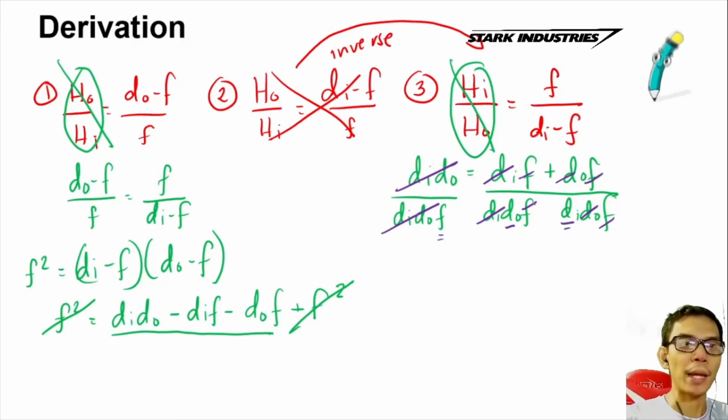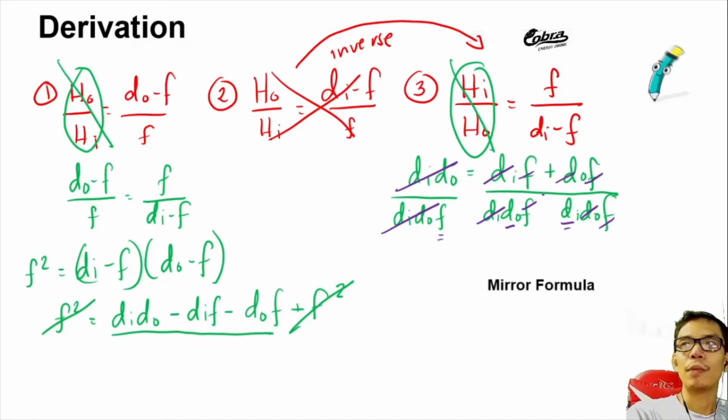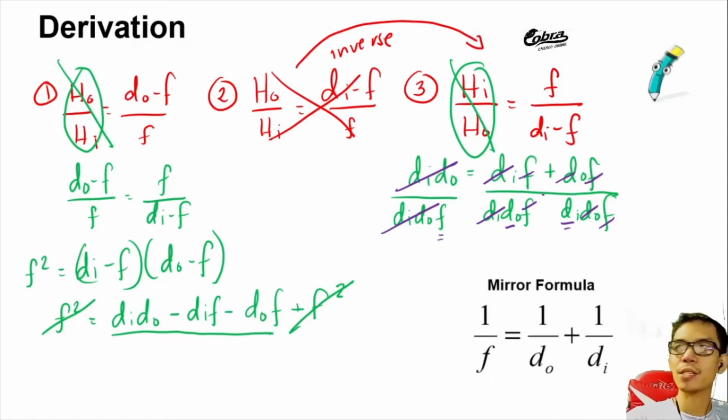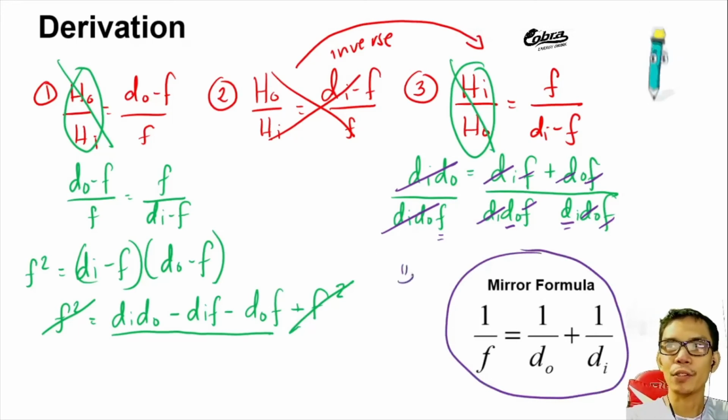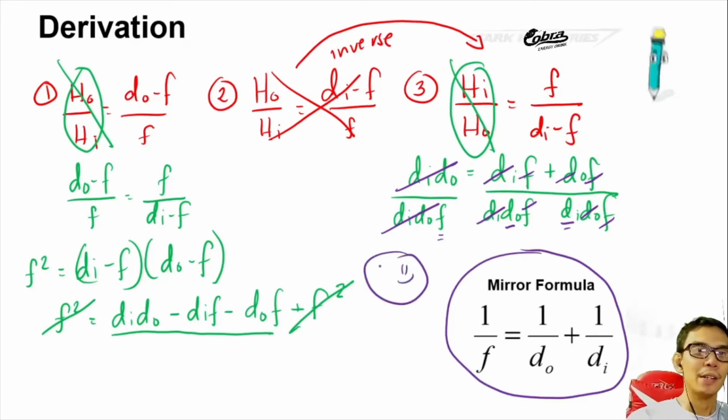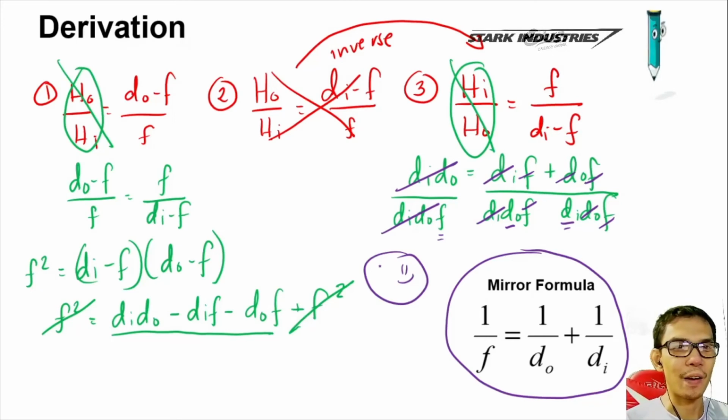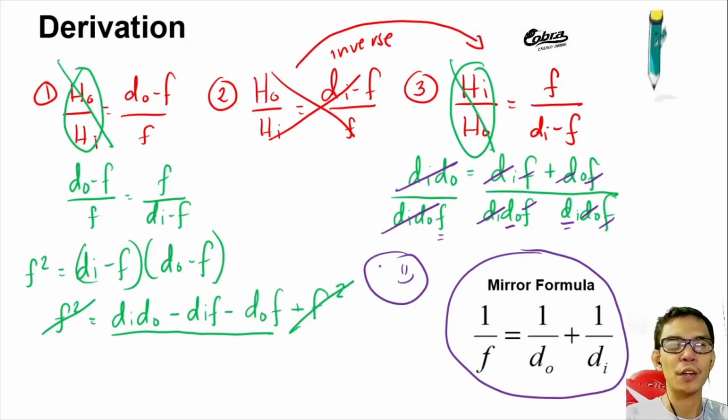So finally, the formula that we get in the process is the mirror formula over here. That is the equation that you're going to use whenever you encounter problems related to mirrors, whether it is a concave or a convex mirror, respectively.